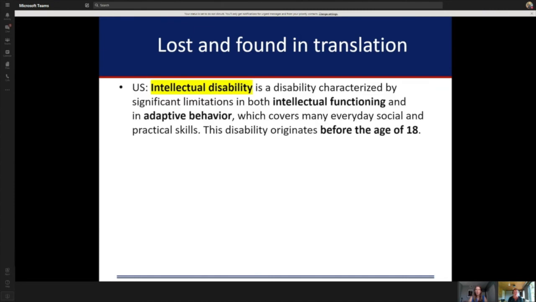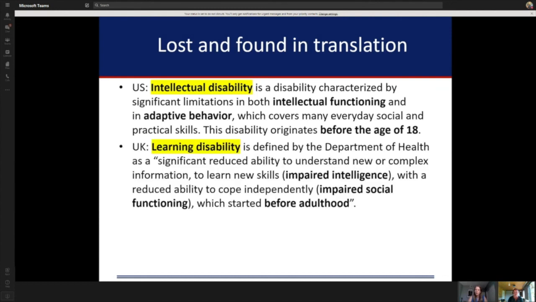In the US, and what we're most comfortable with in the Netherlands as well, we use intellectual disability as the term to describe the population. The definition covers intellectual functioning and adaptive behavior, and it originates before the age of 18. This is very similar to the definition in the UK for learning disability by the Department of Health, because it also includes impaired intelligence and impaired social functioning, and also starts before adulthood.